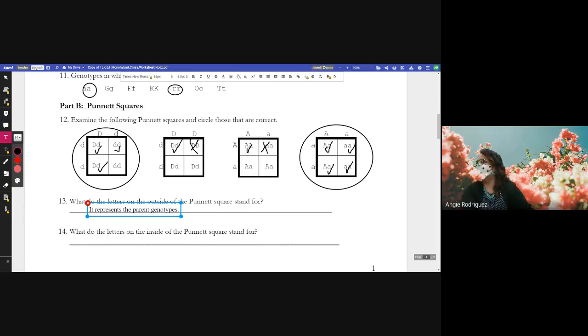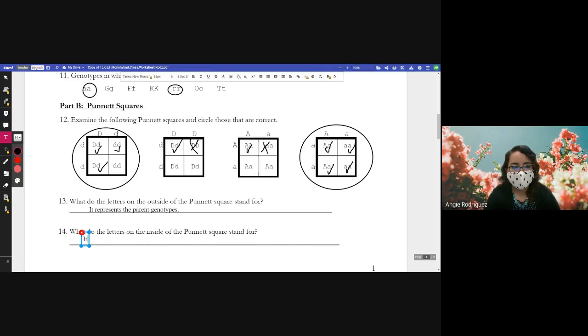And then number 14, hold on. Is asking for the ones on the inside. Who do the inside letters represent? The kids, right? The offspring. Very good.